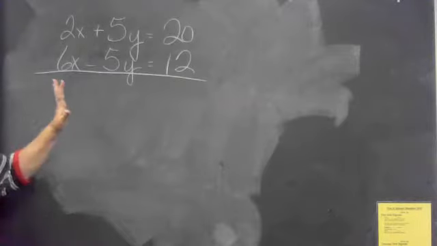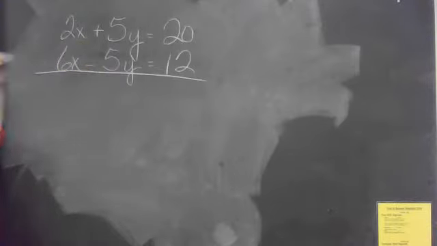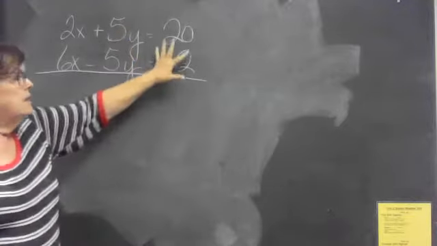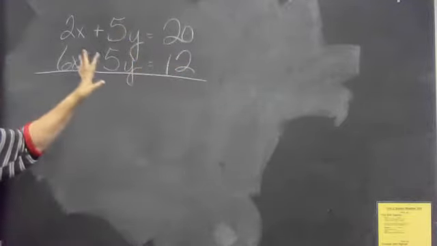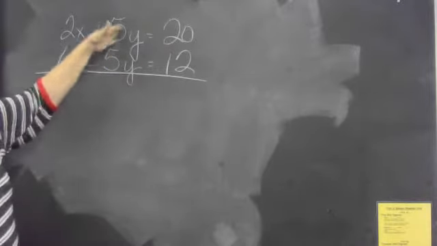In the elimination method, you need to have these stacked on top of each other, like the x's on top of the x's and the y's, the equal sign and the constants. They don't have to be in these particular places, but they need to be stacked with each other.